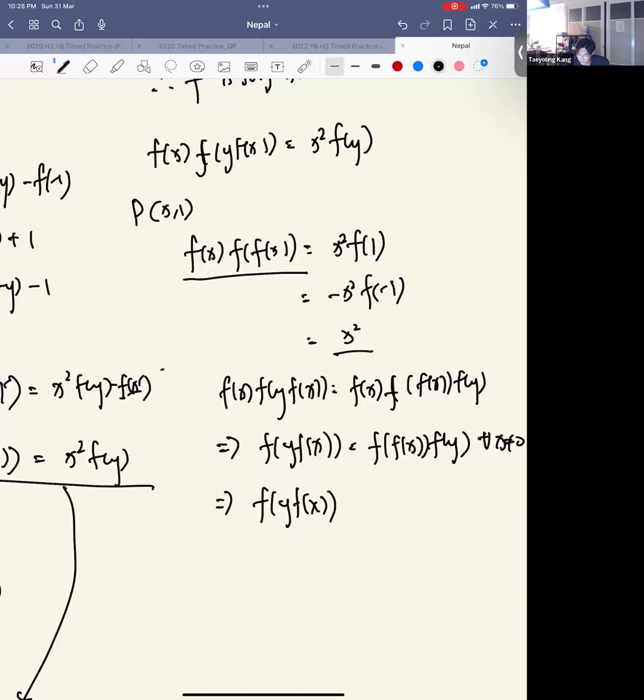So this effectively implies that since f(x) is surjective, f(x) is also multiplicative.